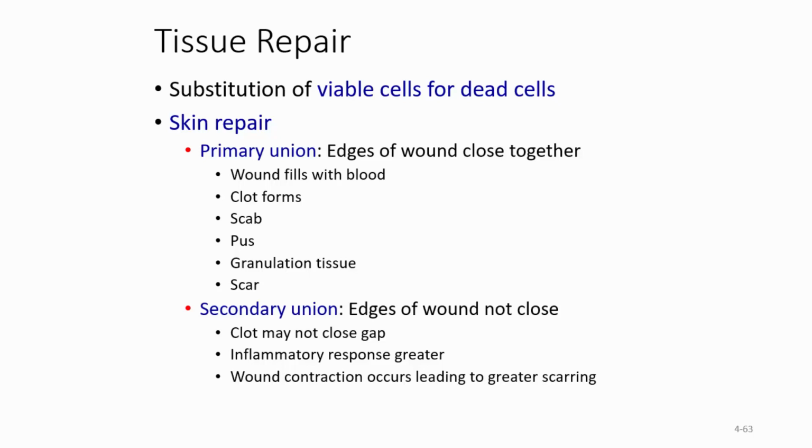On the other hand, a wound of second intention, secondary union, the edges of the wound do not close. Think about, you fall and you take out a big chunk of skin. Okay. There, the clot may not close the gap. Inflammatory response is greater, and the wound contraction occurs, leading to greater scarring.